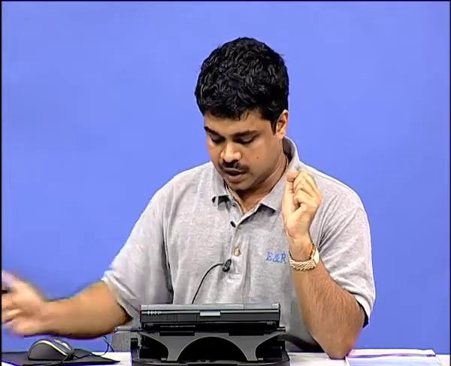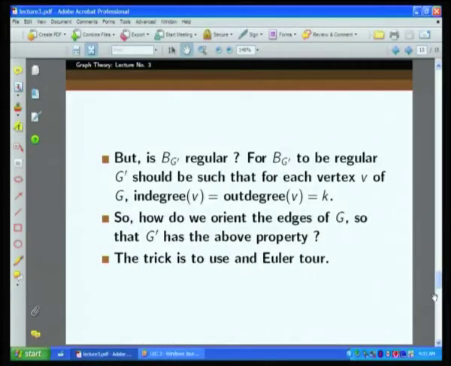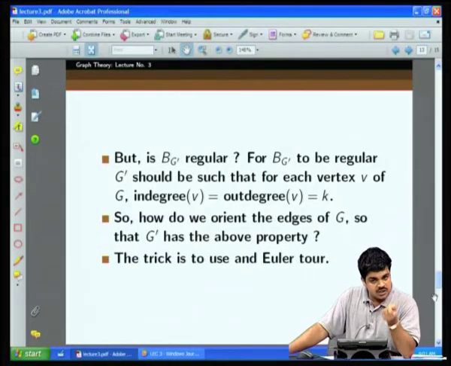And we know that if that bipartite graph is a regular graph, then we can definitely infer that there is a perfect matching.